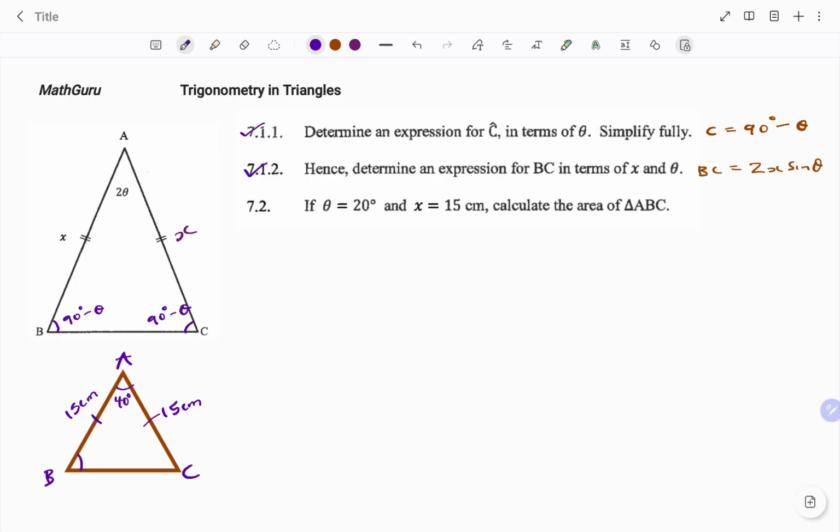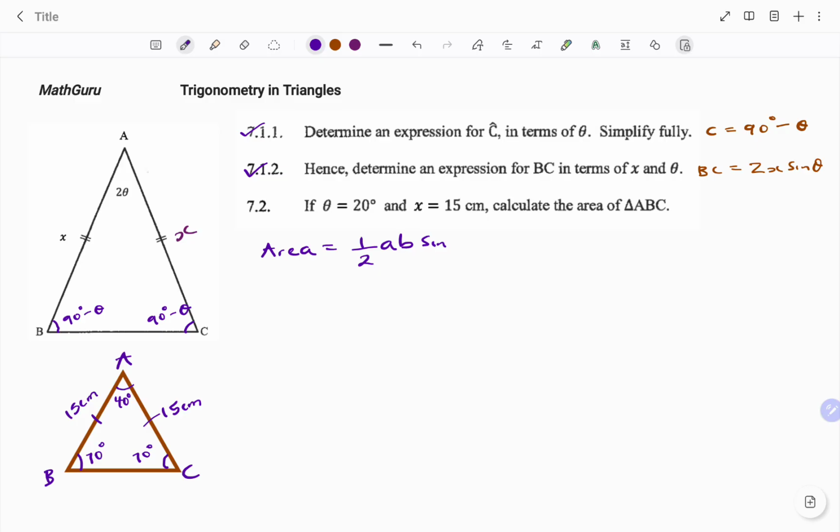And then the other two angles will be 70 degrees. So therefore, using the area of the triangle, so I have area equals half of AB sine of the angle being subtended by the side AB.